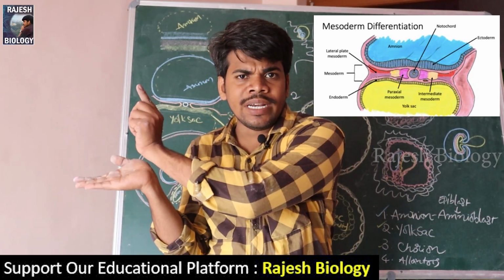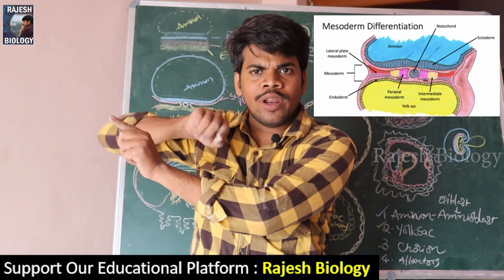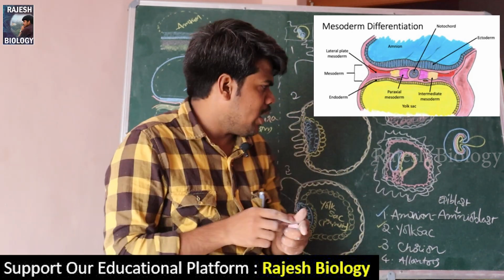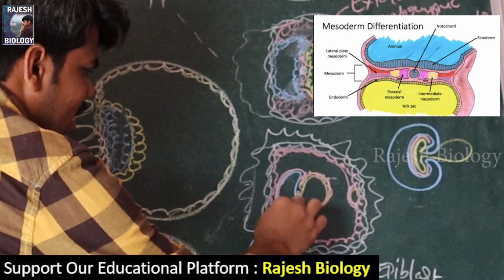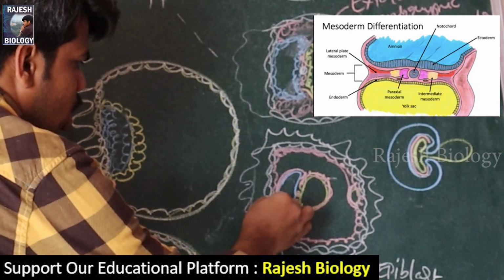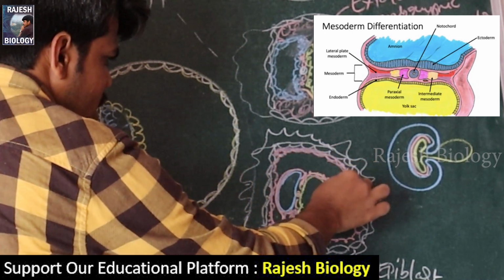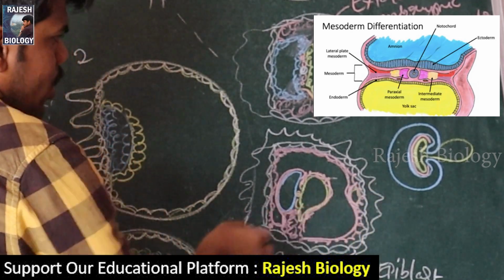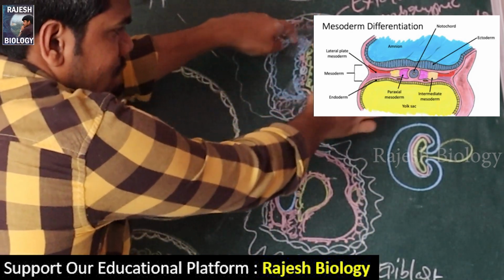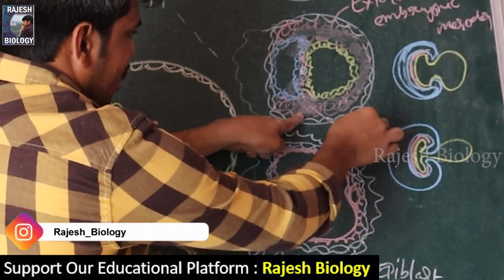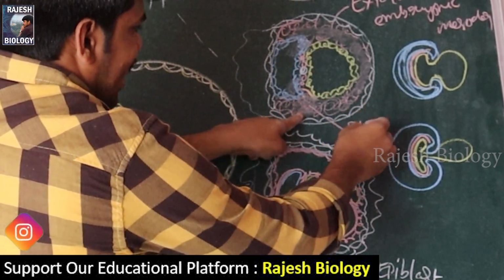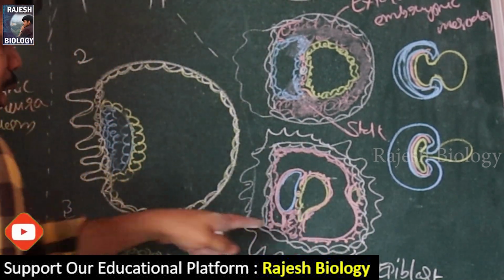Lateral mesoderm splits, and one is somatic pleura, another is splanchnopleura. This somatic pleura covers in all directions. It is a somatic mesoderm. Of course, a cavity is formed, but here the cavity is not formed. That is called the stalk, and later it develops into the umbilical cord. I'll let you know later.